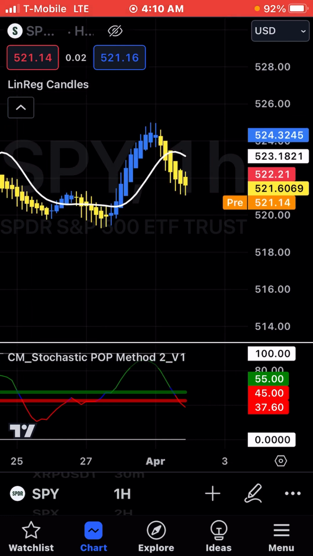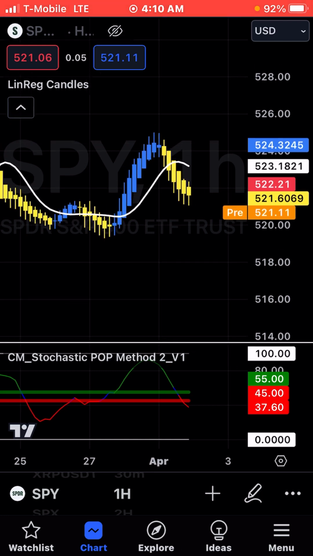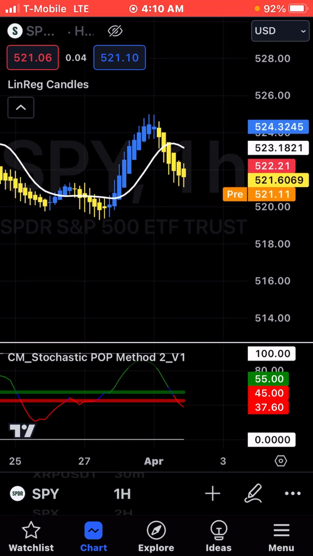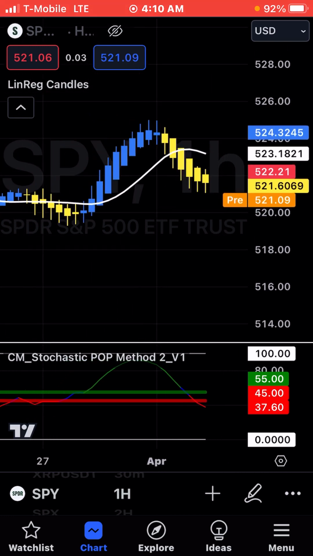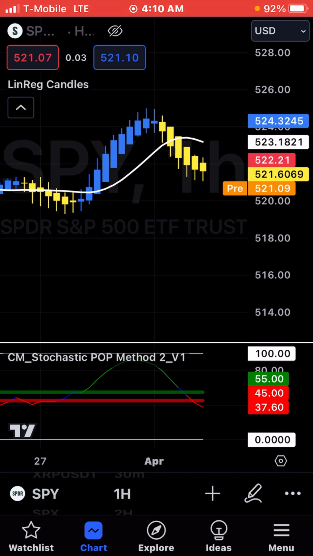So basically, if you have the linear line set up and you have this CM Stochastic here, it's real easy to find the signals for the stock market. So I'm going to do this based off of the hour, but you can use shorter time frames if you want.